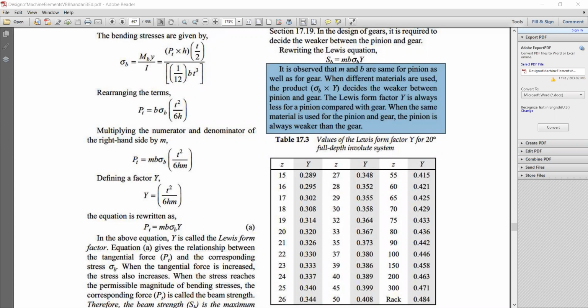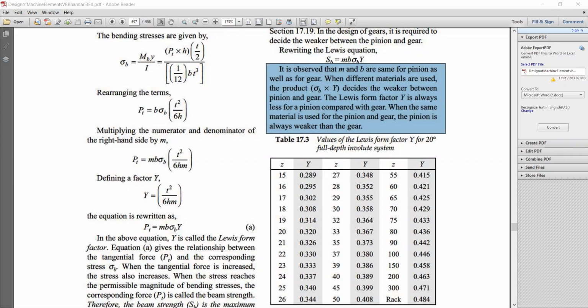Now next, we have done everything in a static manner. Then why do we need to find out the stresses in dynamic load also? Because it is important to design in a dynamic load condition also, because in a dynamic load condition the actual variation will be faced by the material.